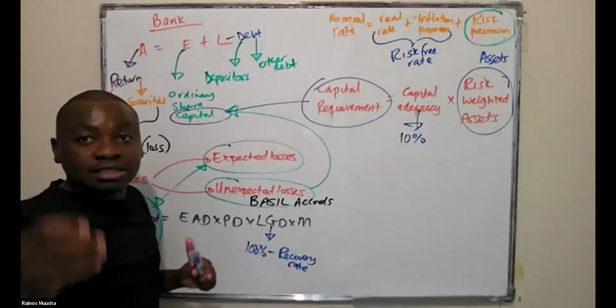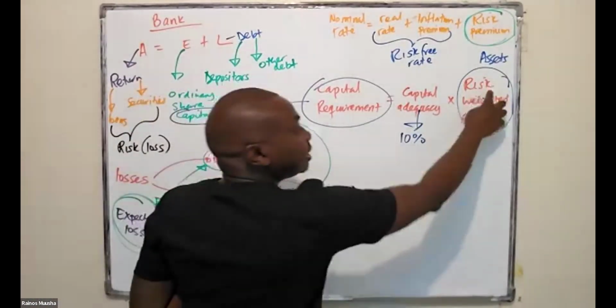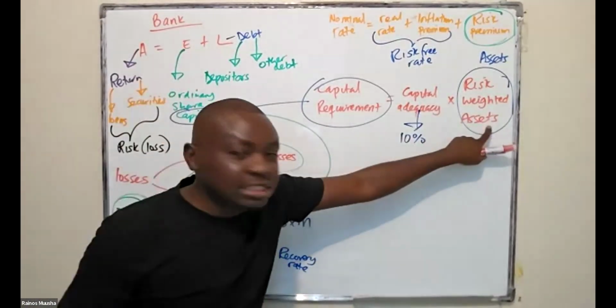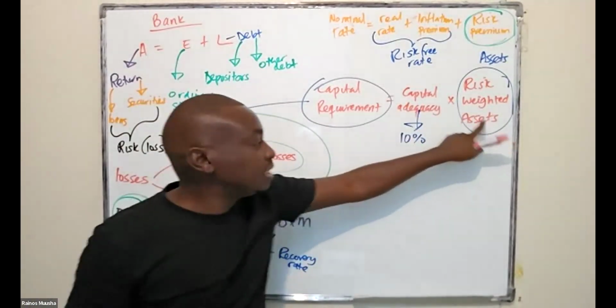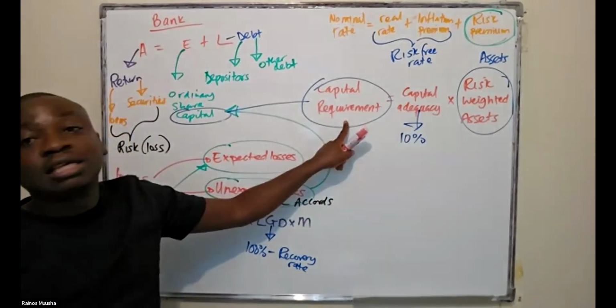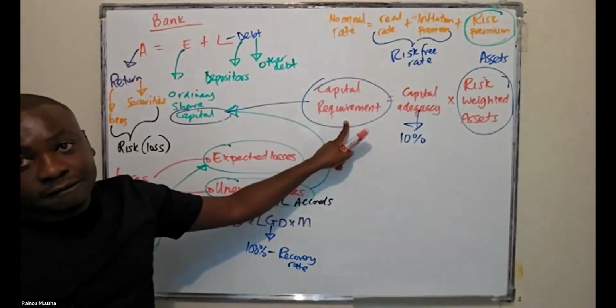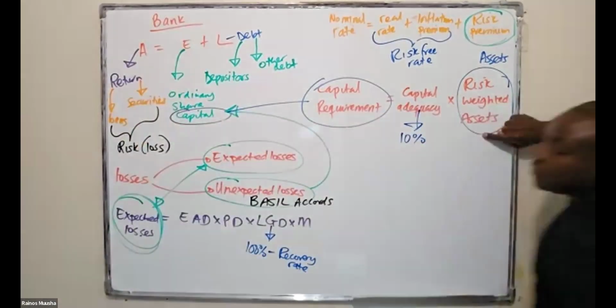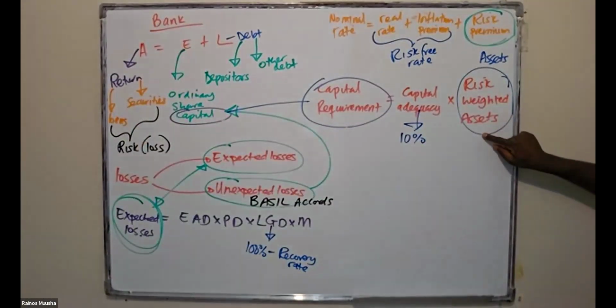The value of our assets which are exposed to risk is the risk-weighted assets. So 10% of our assets exposed to risk gives us the capital requirement. But now, how do we determine this value of our assets which are exposed to risk?